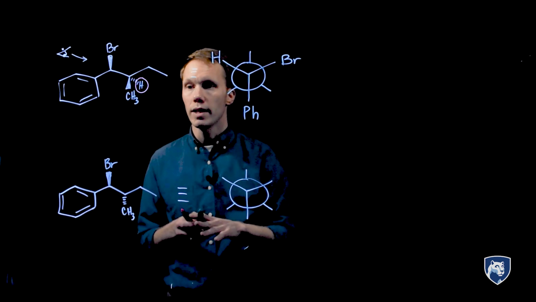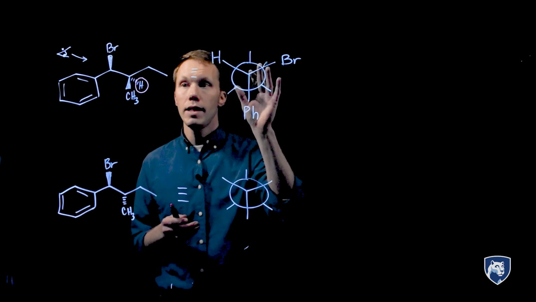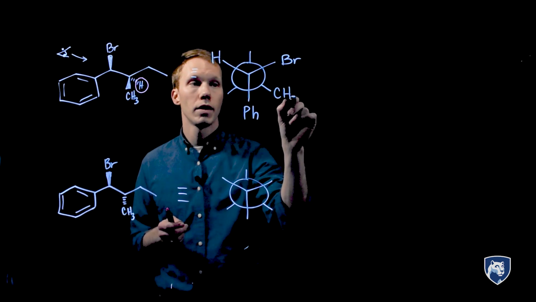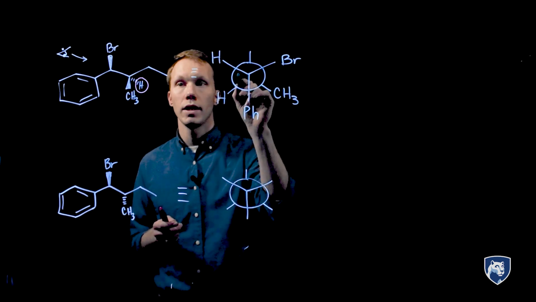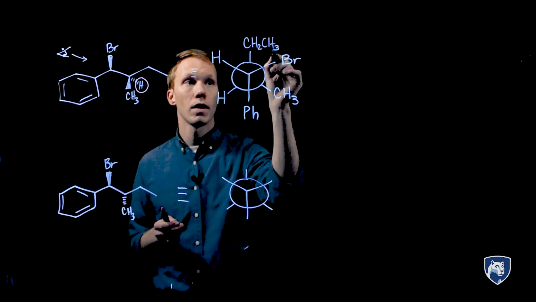Phenyl as a substituent is what we note the benzene ring as. In the back, we have the methyl group, our beta hydrogen, and then the ethyl group, CH2CH3.